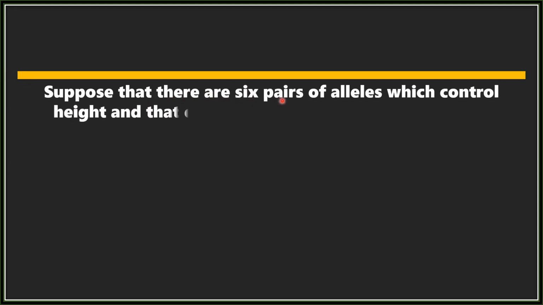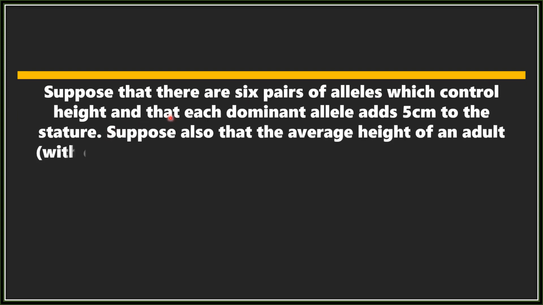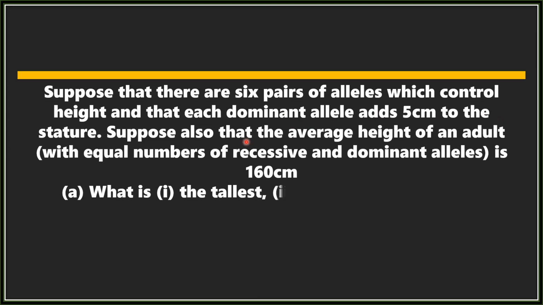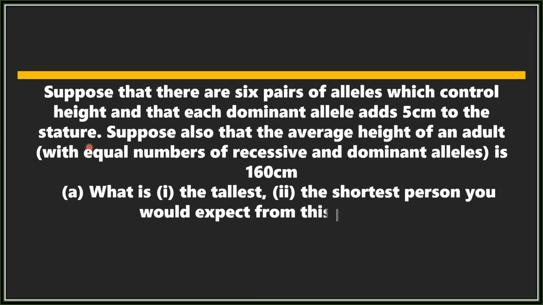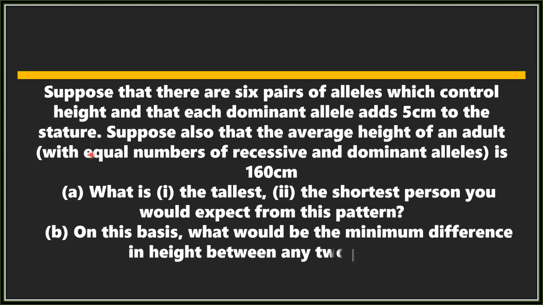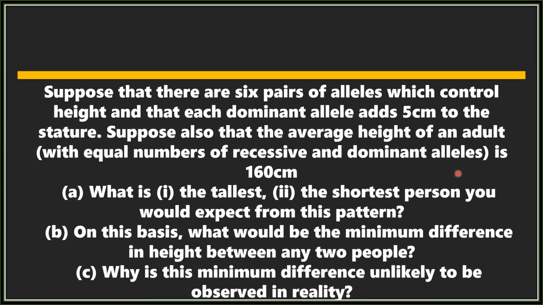Suppose that there are 6 pairs of alleles which control height, and that each dominant allele adds 5 centimeters to the stature. Suppose also that the average height of an adult with equal number of recessive and dominant alleles is 160 centimeters.